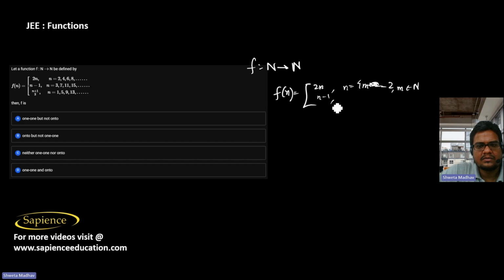And that will be n minus 1, where n is of the form 4m minus 1, where m belongs to N. And that will be n plus 1 by 2 when n is of the form 4m minus 3, m belongs to N.